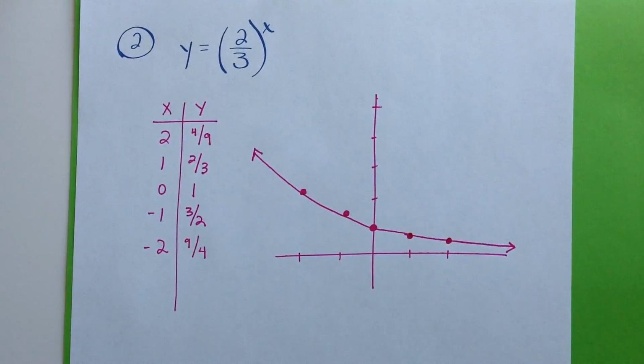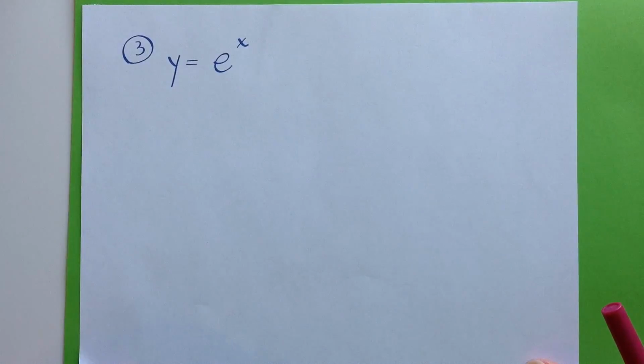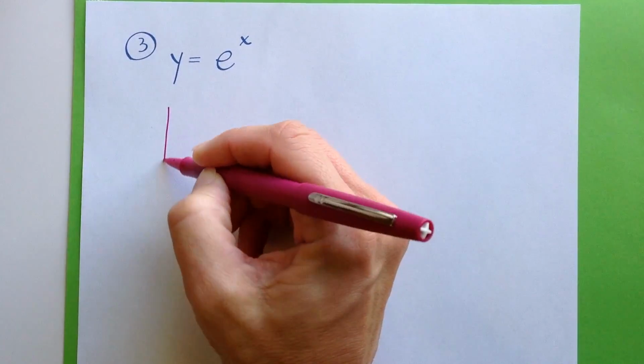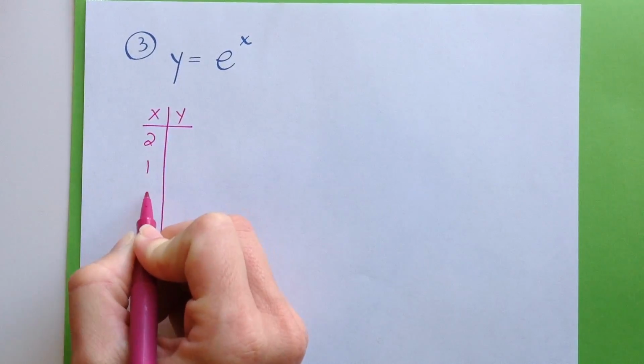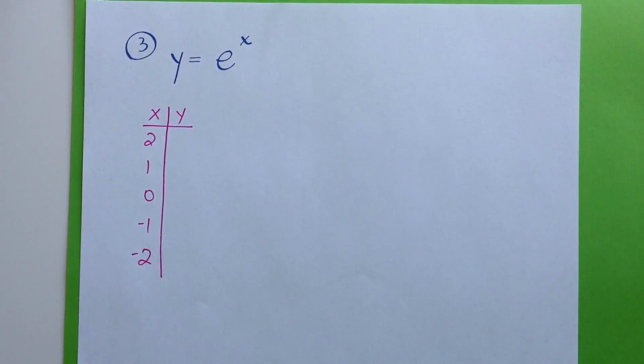Okay, one more that we're going to graph is y equal e to the x. So we're going to graph the natural exponential. Okay, again, doing your table. Now with these values, because e is an irrational number, you'll just have to enter these in your calculator.